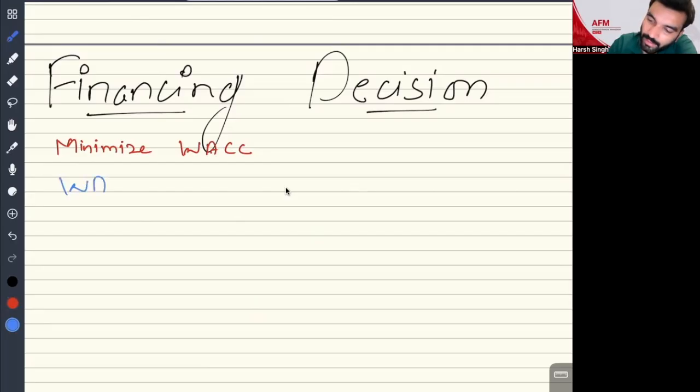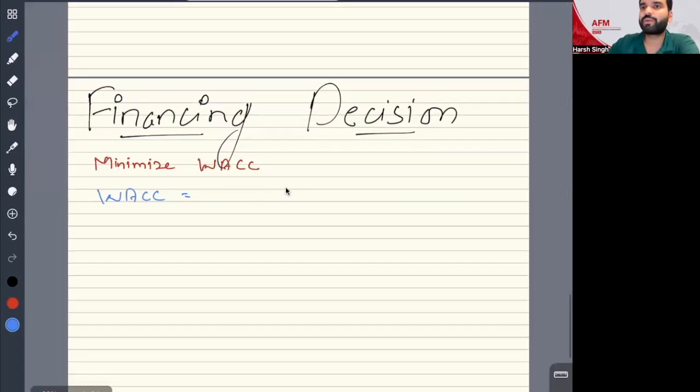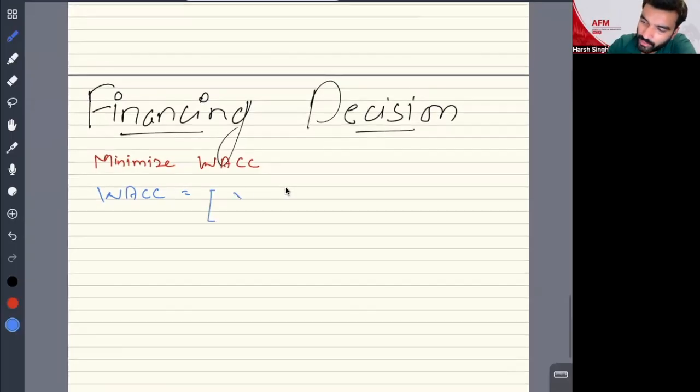WACC is equal to, the formula is very simple, don't get confused. As many capitals as you have, you just keep on adding. I am considering that we have only debt and equity, everyone. So value of equity upon value of equity plus value of debt, 1 minus t, multiplied by cost of equity. First step.